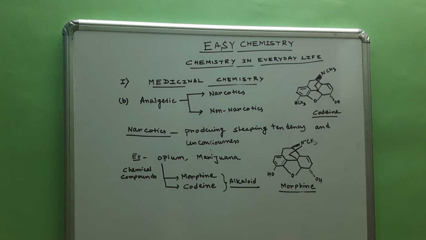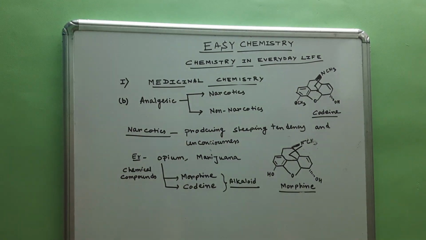Okay. Next, we are going to discuss the non-narcotics. So what are the non-narcotics? Basically, heroin, one of the narcotics, is prepared from morphine diacetate.